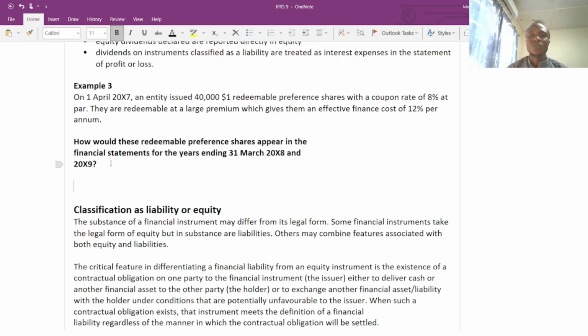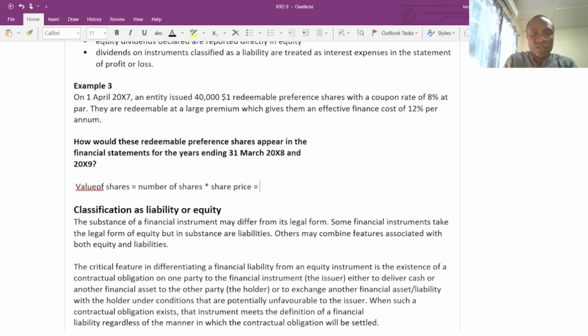So basically, we need to account for these redeemable shares. The value of the shares will equal the number of shares multiplied by the share price.